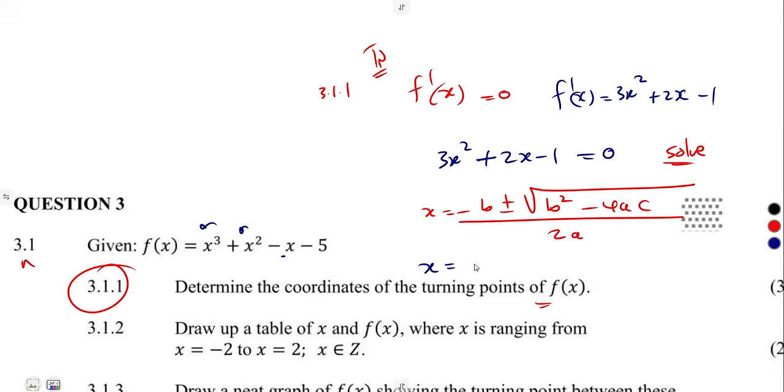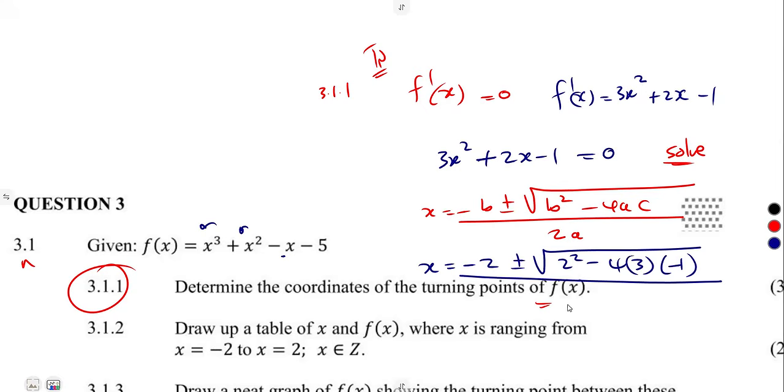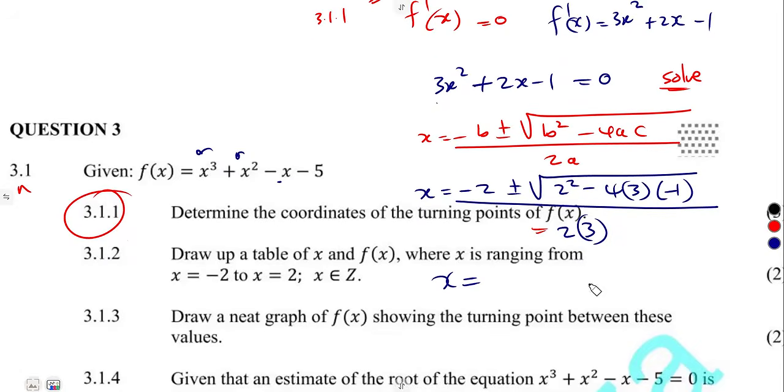You're simply going to obtain minus 2 plus or minus the square root of 2 squared minus 4, our a is 3, our c is negative 1, everything over 2 times our a, which is 3. So you're going to solve this equation, guys, using your calculator. X is going to give us 1 over 3, or x is equal to a negative 1.